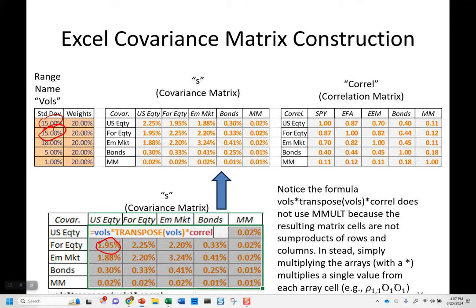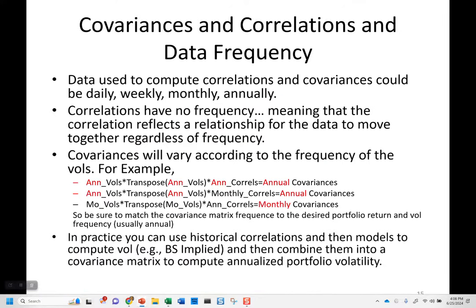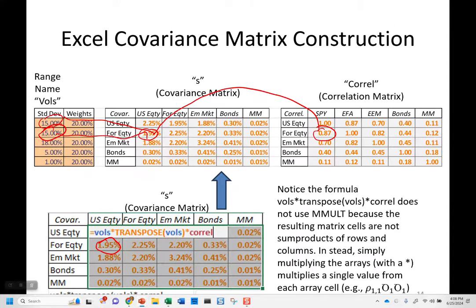So I need to multiply these two times this correlation matrix point. They need to come together and create this number here. When I do this vols times transpose vols times correl, it is just simply taking the corresponding points from each one of the matrices, not doing a sum product. Okay, so there we go. We have our covariance matrix.